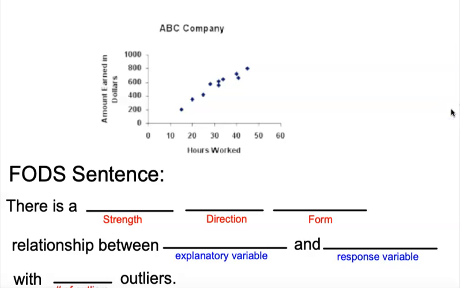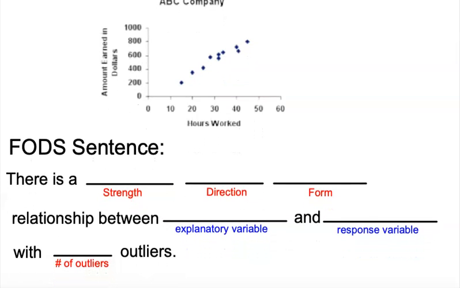Let's take a look at our data. We've got company ABC here, and on the bottom we have number of hours worked and the amount earned in dollars. When I look at this, the first thing I decide is how strong this relationship is. This is strong. The dots are very tight together.